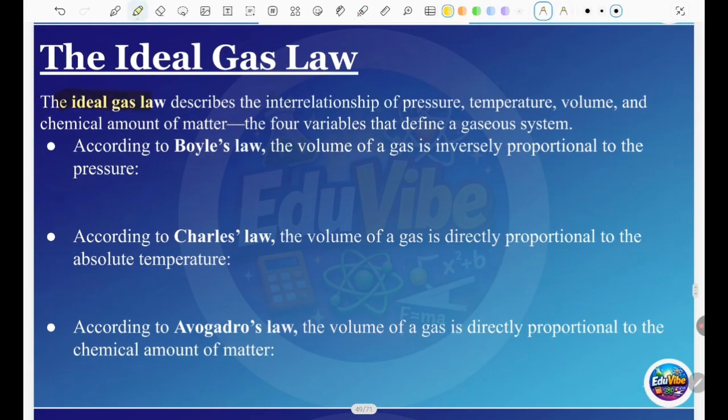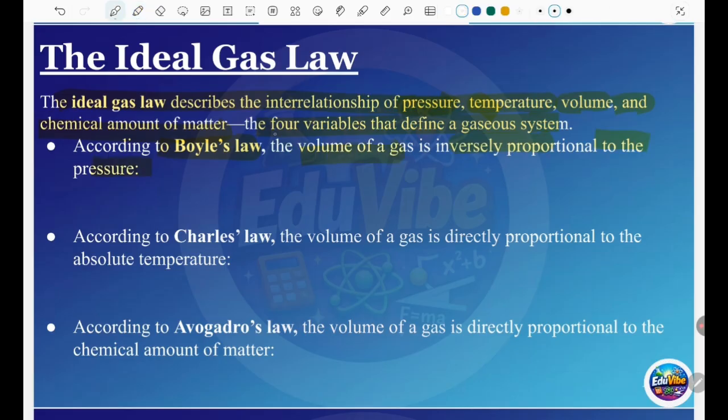The ideal gas law describes the interrelationship between the pressure, temperature, volume, and the chemical amount of the gas. We have four variables to define the gaseous system. First, in Boyle's law, the volume of a gas is inversely proportional to the pressure.